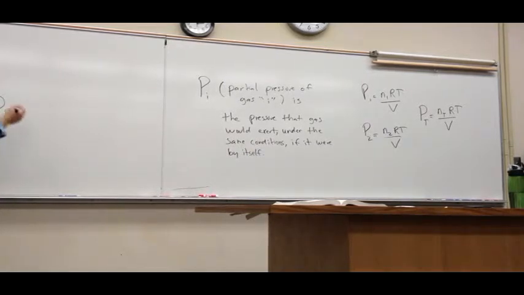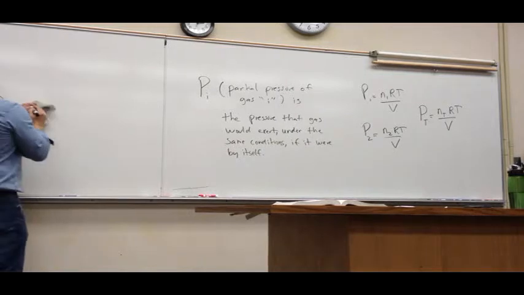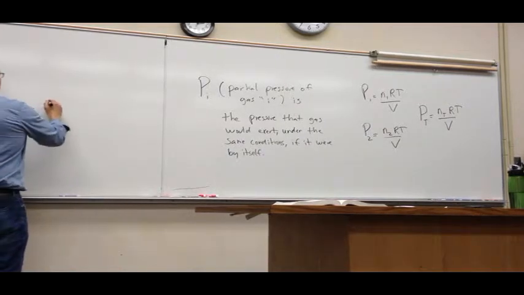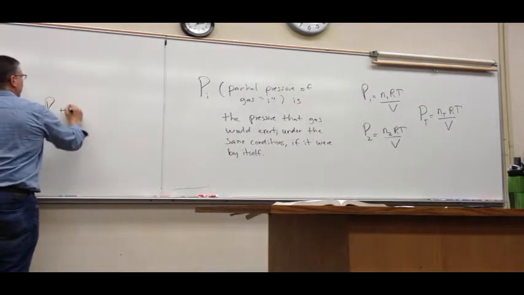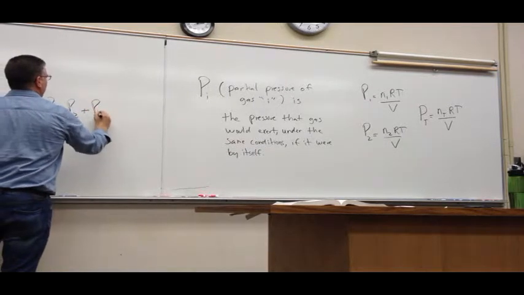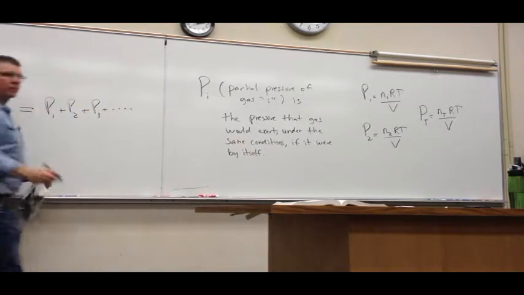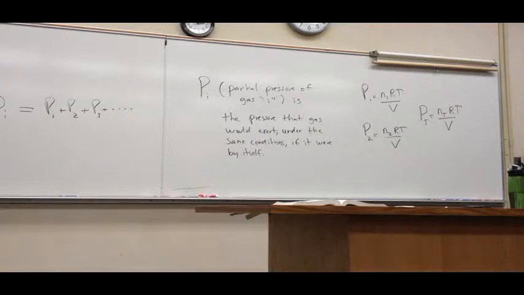No, I get it. It's the sum of the partial pressures. Yep. All right, thank you. You guys okay with that one? Have most of you seen that before? Yeah, math classes.